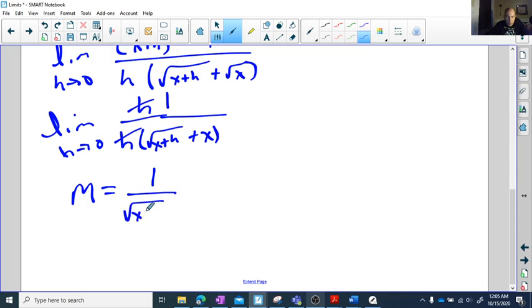So it's square root of x plus 0 plus, that should have a root x on it, plus the square root of x, which is the same thing as 1 over radical x plus radical x. 1 over 2, I just collect like radicals, 1 over 2 radical x.